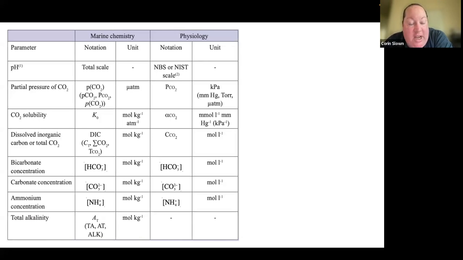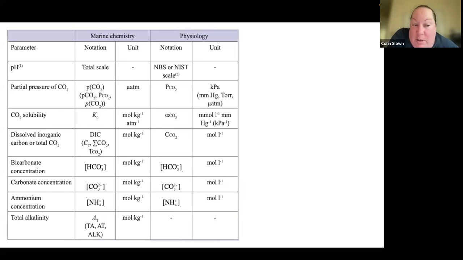You'll notice that when we're talking about carbon dioxide, we're really talking about partial pressure. Whereas I think sometimes in human physiology, there are multiple measures that we could use, although microatmospheres is appropriate for most of the units that we're going to be talking about.